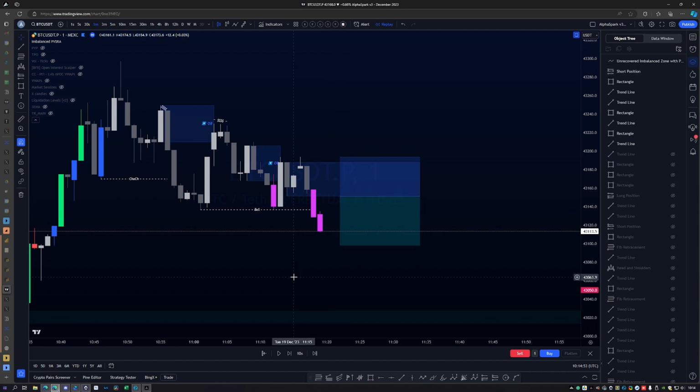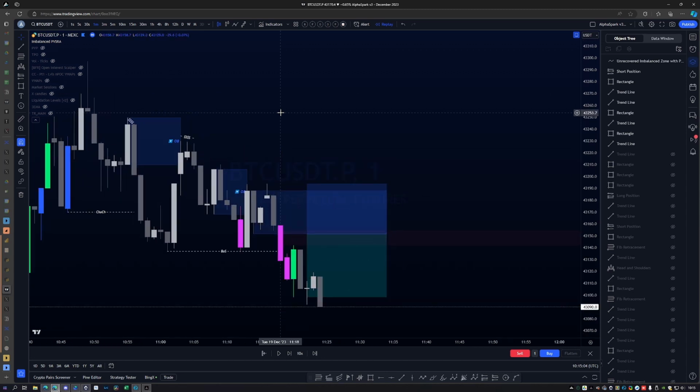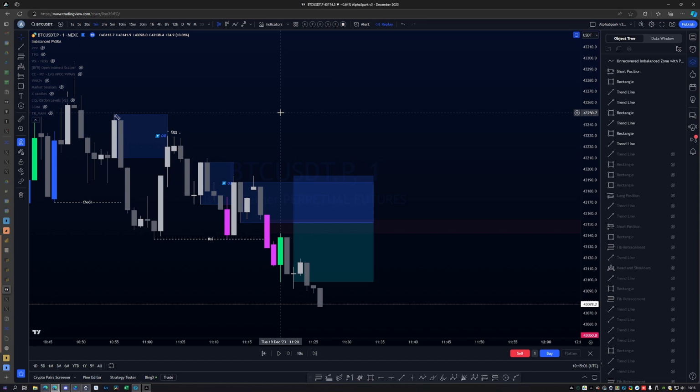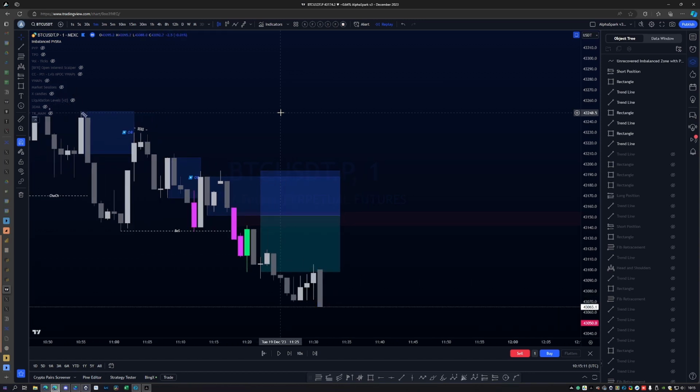Notice also that this is the first time that we have vectors going down. We don't have any vector above this. I don't see any other order block following the same rule yet.